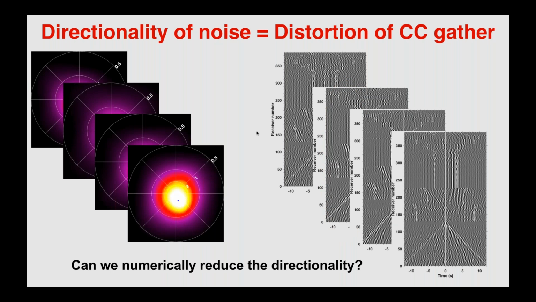We usually assume that if we have enough data and average over 30 days or 1 year, we can reduce this directionality. But in this data set, that is not the case. So can we numerically reduce this directionality?